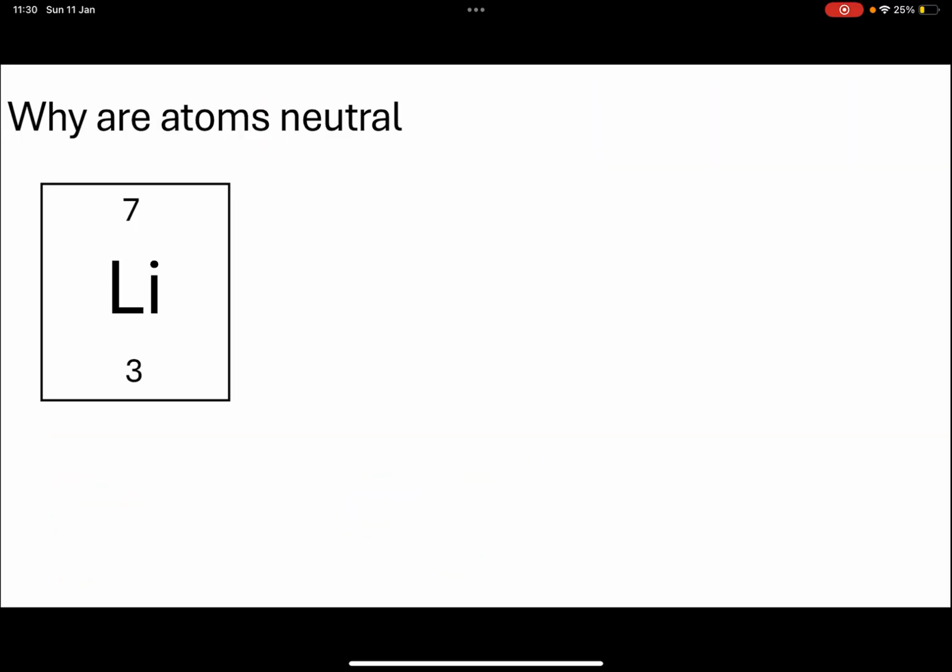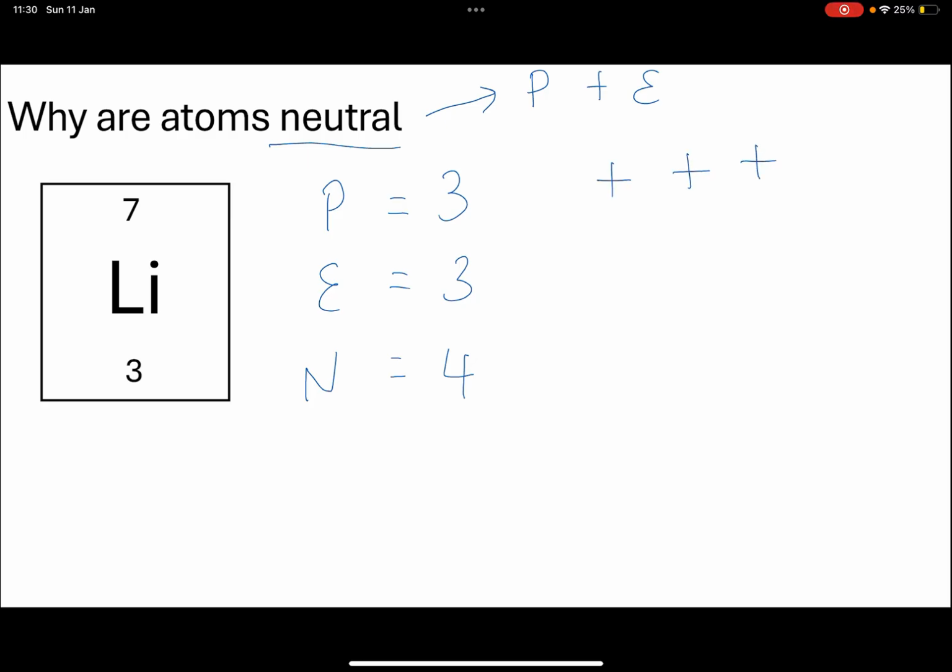Well done. And then finally, the last question that I'm going to cover in our 15-minute science lesson is, why are atoms neutral? So quick recap, we've done protons, electrons, neutrons, 3, 3, and 4. Now, when we're working out why atoms are neutral, we're only going to consider protons and electrons, because they're the two that have a charge. So 3 protons at +1 each, that's going to give you a +3, and 3 electrons at -1 each, so that's going to give you a -3.